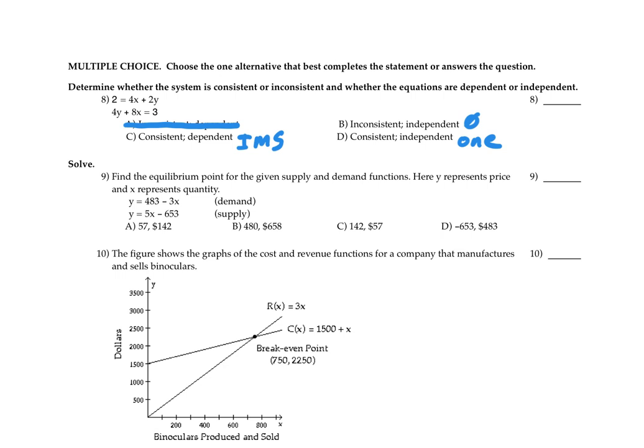If the slopes are the same, but the y-intercept's different, that means they're going to be parallel to one another. And if everything is the same, if the 2 equations are exactly the same, then it would be infinitely many solutions. So once you have it solved for y, then you should be able to tell what type of solution you have. Okay. So that would be my hint here: solve both of those equations for y. Get y by itself.